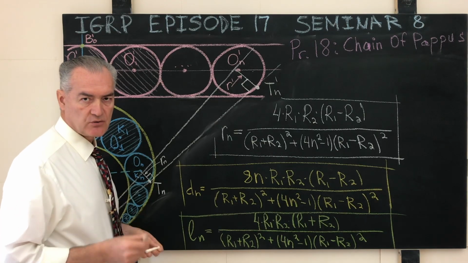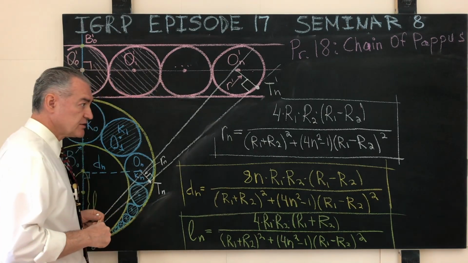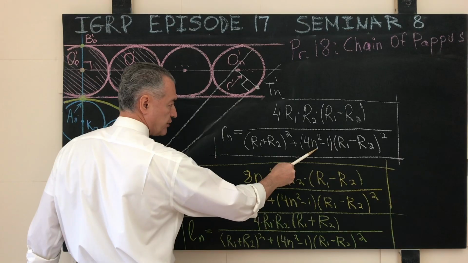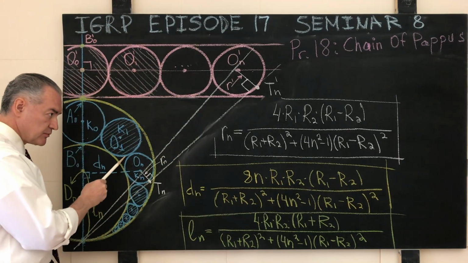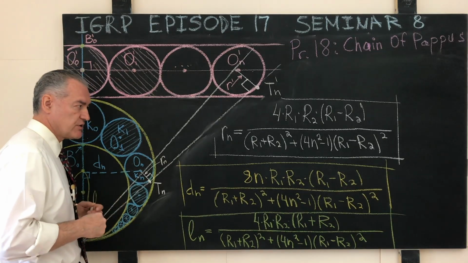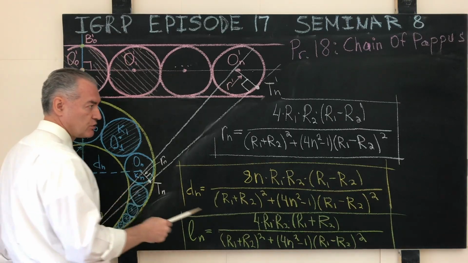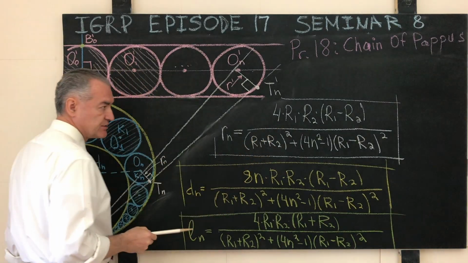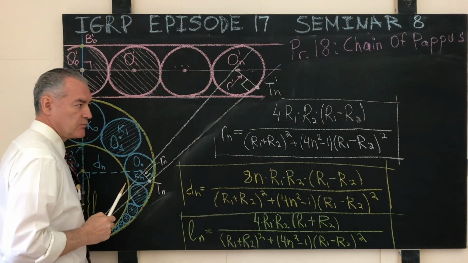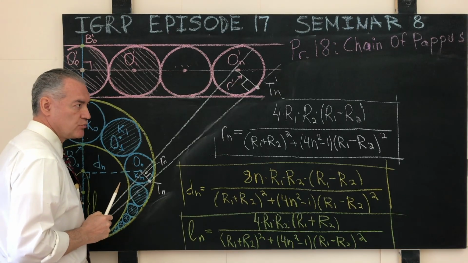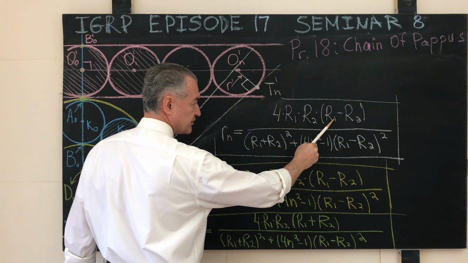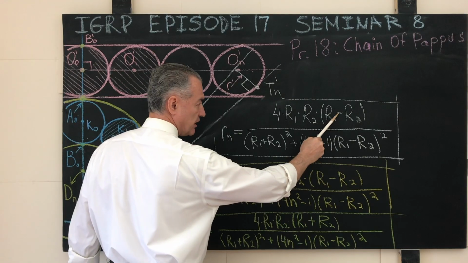And once we carefully align all the given material that is known to us, the radii of the generating circles r1 and r2 and the ordinal number of the nth inscribed circle, then we will have the following expression for the length of the radius of the nth inscribed circle. It will be a function that is rational in these radii and the ordinal number of that circle, and in the numerator we'll have the following product: 4 times r1 times r2 times the difference between the radii r1 and r2.